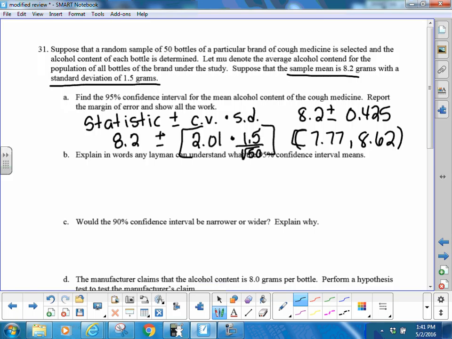Explain in words what a confidence interval means. So let's just explain what this means. Are y'all remembering this sentence?